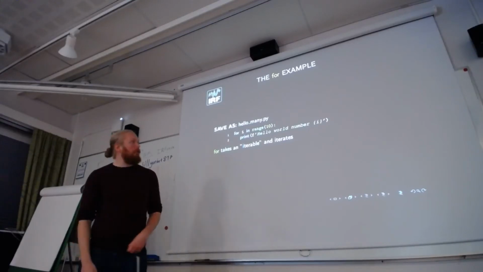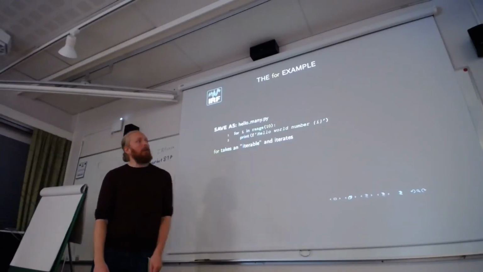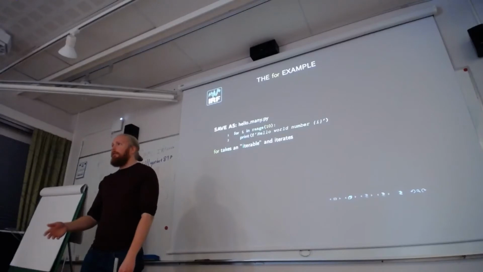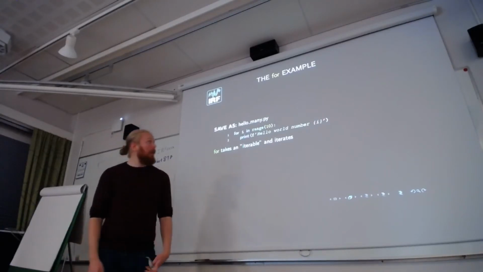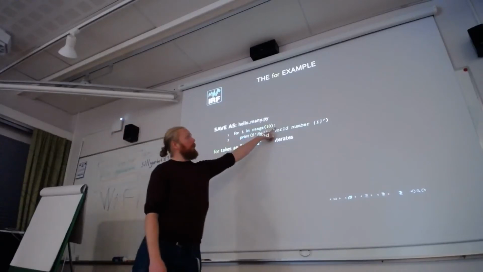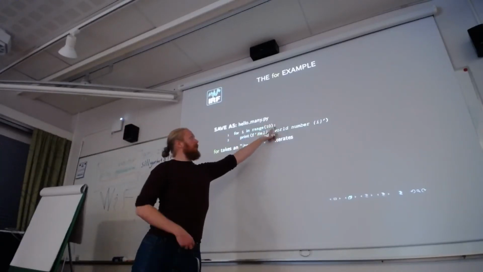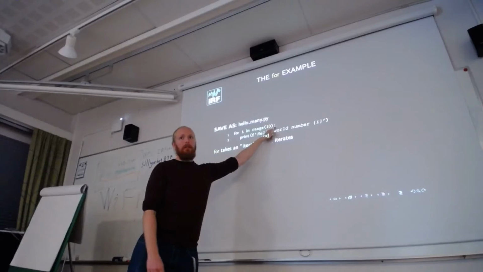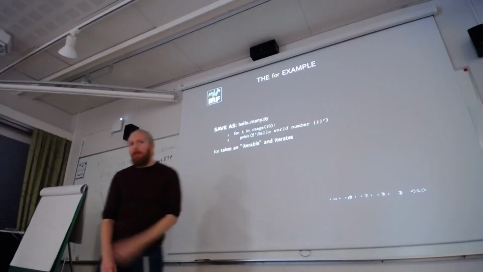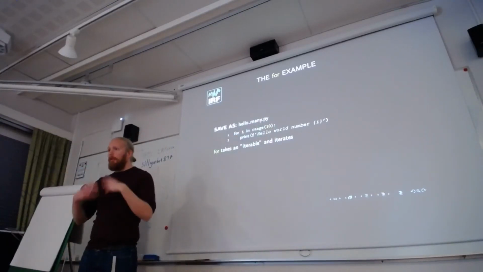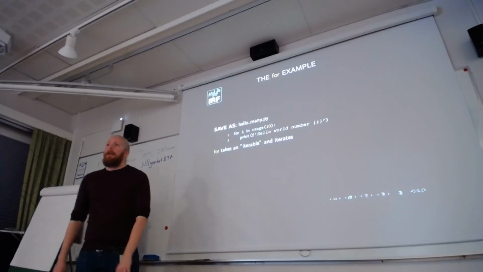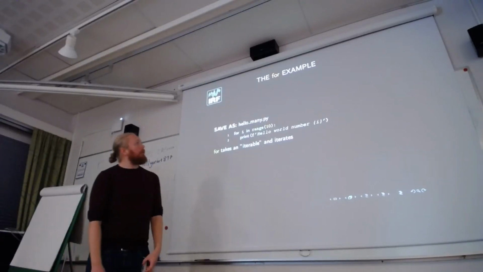So when you print it, you should get hello world number 0, 1, 2, 3, 4, 5, 6, 7, 8, 9, and you shouldn't get 10. Then we end with a colon, which signifies that we're done with the for loop statement. Now start writing the code for this for loop.